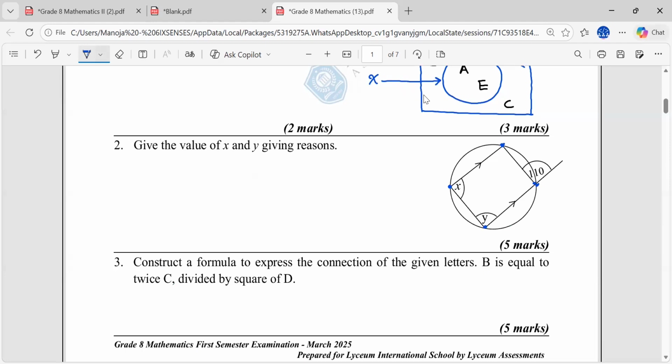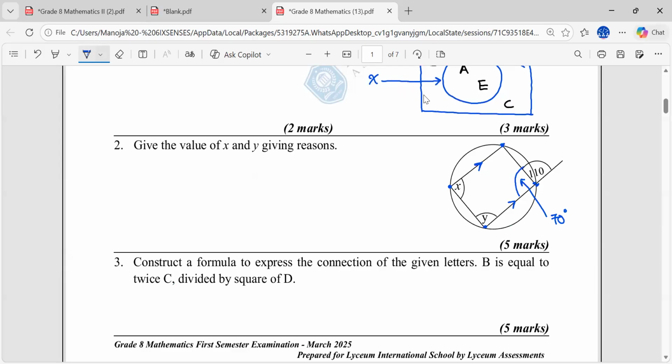So then here they have shown a special feature, these two lines are parallel to each other, right? And if this is 110, we know this one is 70. Right? This one is 70. Why? Angles on a straight line add up to 180.